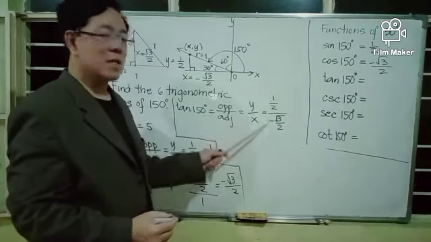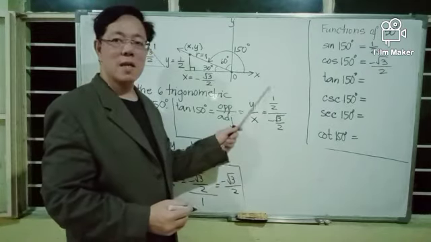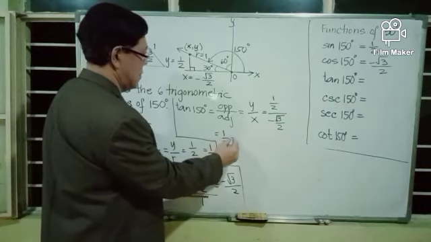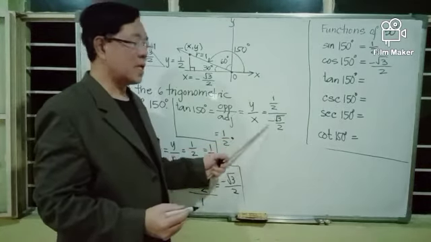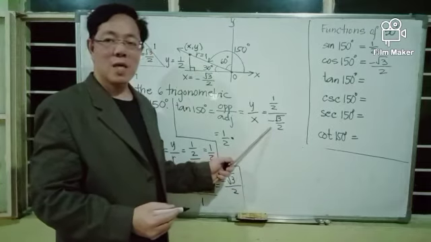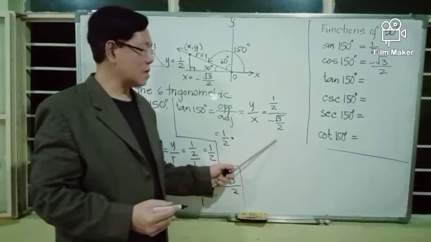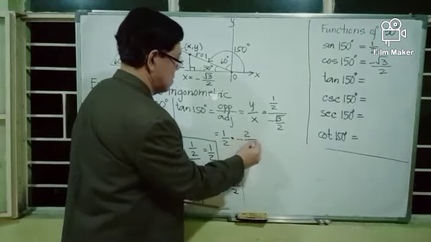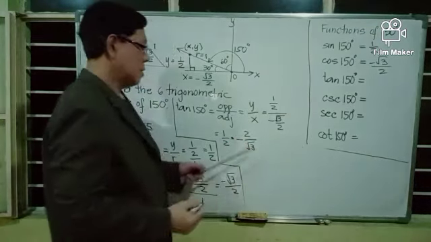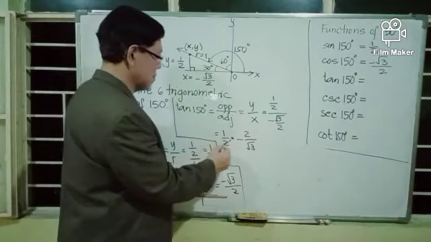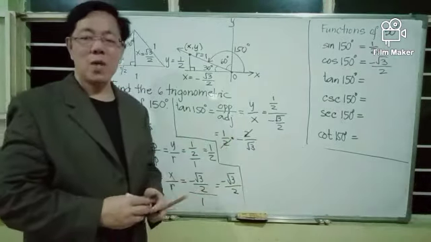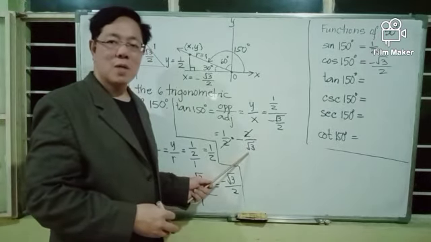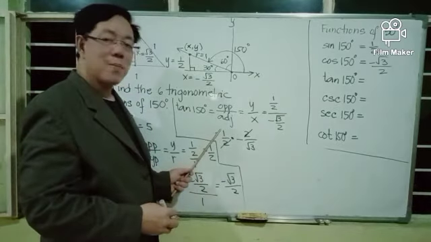And we simplify this complex fraction by multiplying the numerator 1/2 by the reciprocal of the denominator, the reciprocal of negative square root of 3 over 2, which is negative 2 over square root of 3. And 2 will cancel out. Now we want to remove the radical sign from the denominator, so we multiply the numerator 1 by square root of 3.